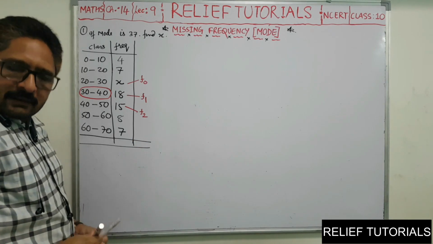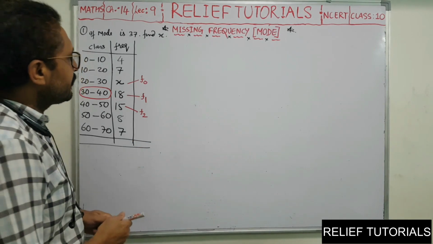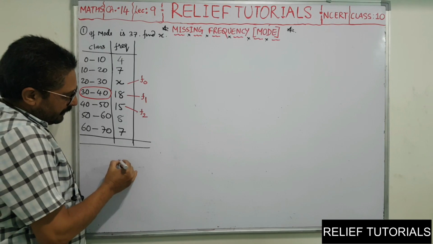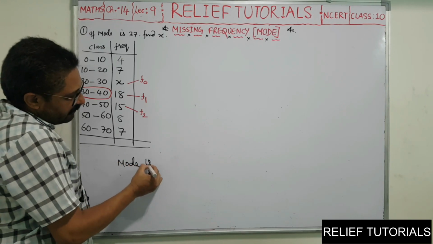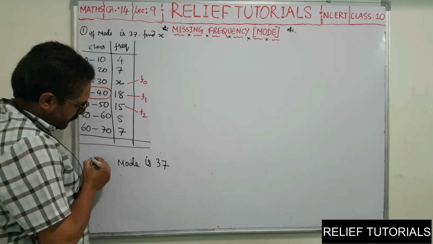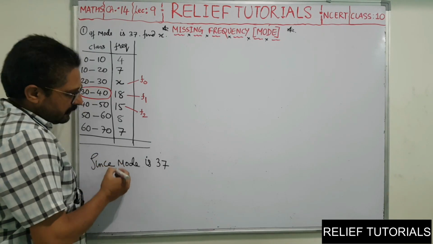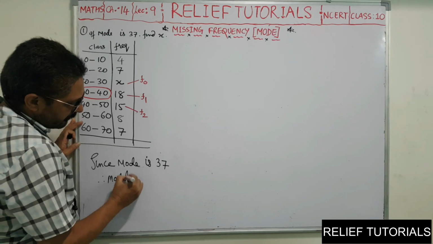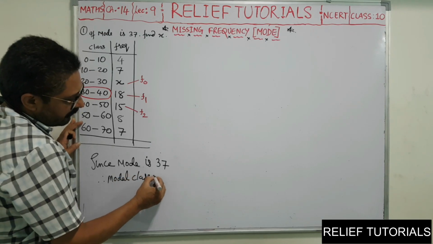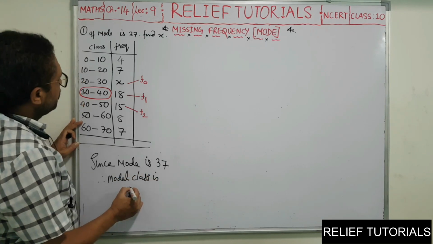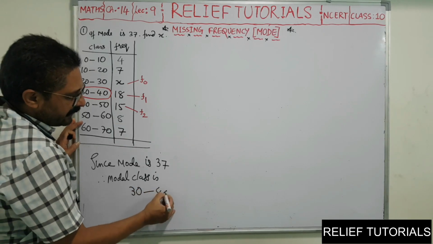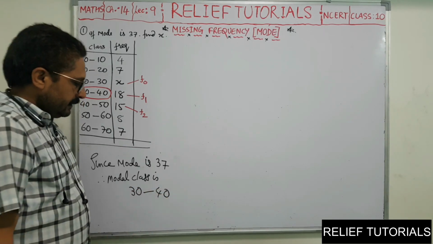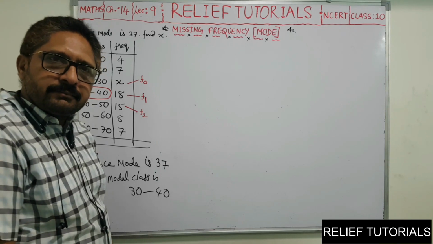That's all. So now we will write here, since mode is 37, therefore modal class is 30 to 40.